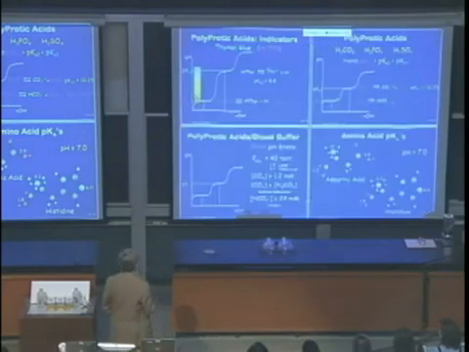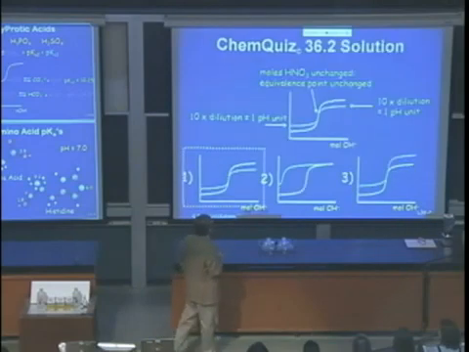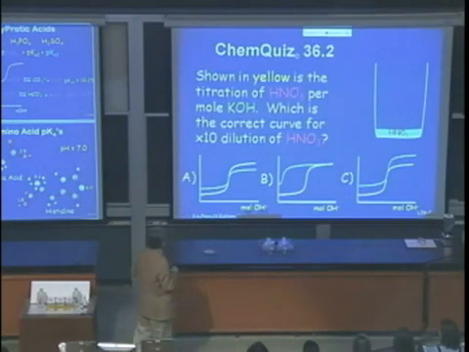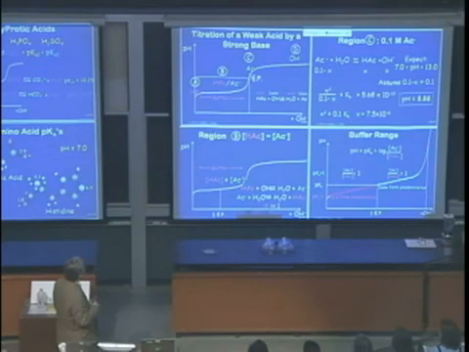Well, let me go back. Okay. All right, we talked about buffers, didn't we? Okay, what is this point here? That's the equivalence point. If I go halfway, what's this here? Half equivalence point. The pKa equals the pH here, isn't that right?